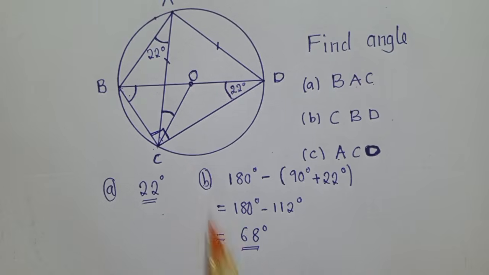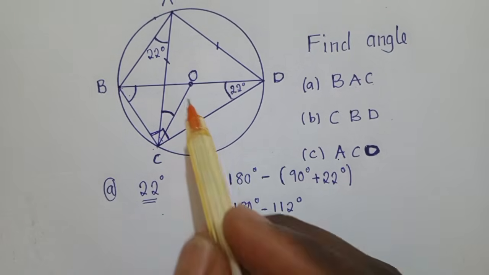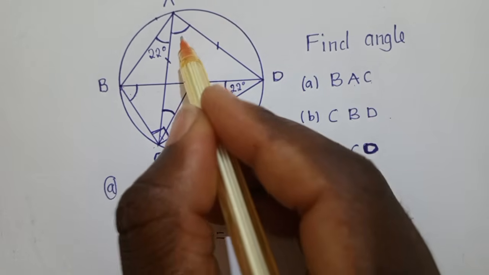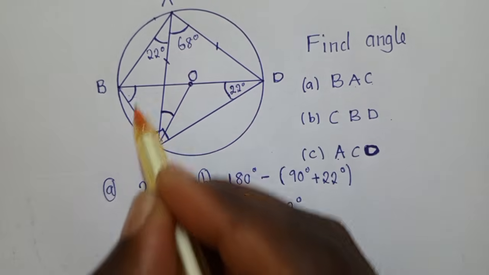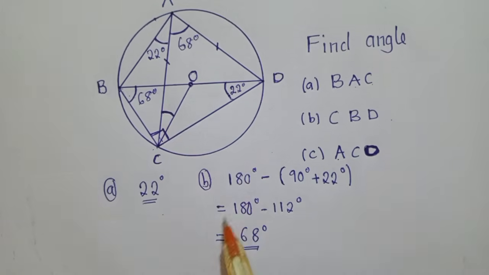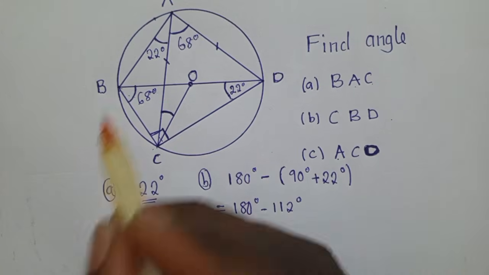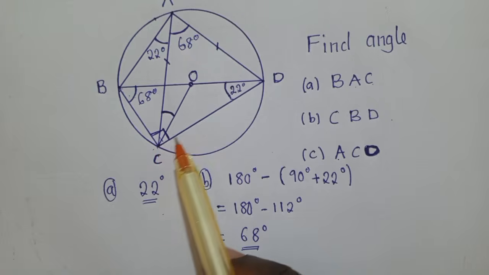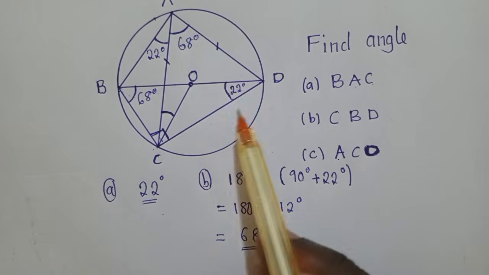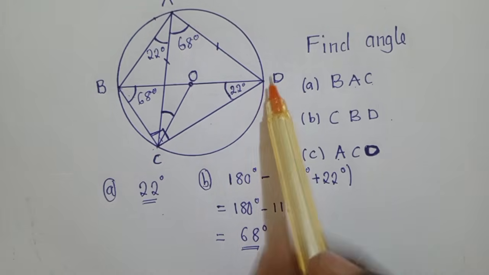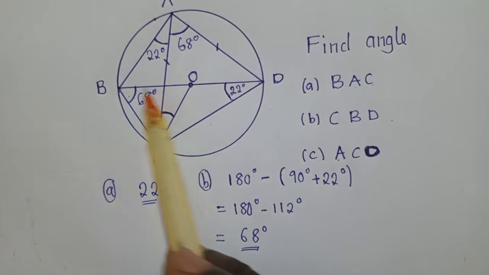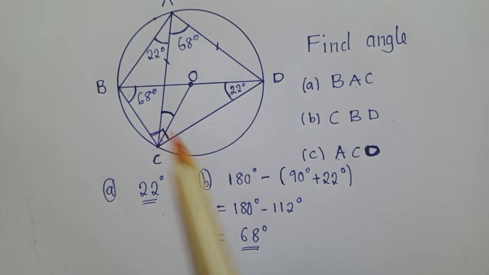So to find this angle, we are first going to find an angle right here. So this angle is 68 degrees. Because this is 68 degrees, according to question B, this is 68 degrees. And using property number 1, this is a segment right here. So the chord which is passing here, this angle is coming from the same segment as this other angle. So they are equal to each other.